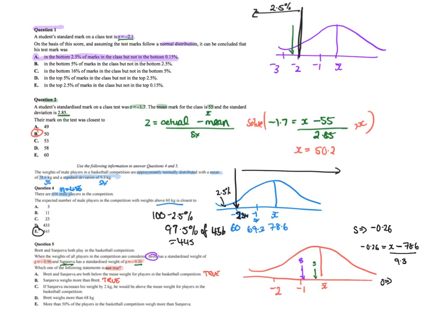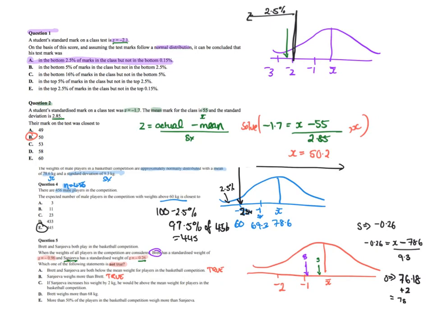Okay, so Sanjeev's weight is 76.18. Now they said if I add 2 kilos, would he be above the mean? That would make him 78.18, which is still just below the mean, which we said was 78.6. So if you increase that, would he be above the mean? That is not true. So I'm going to go with this as my answer.